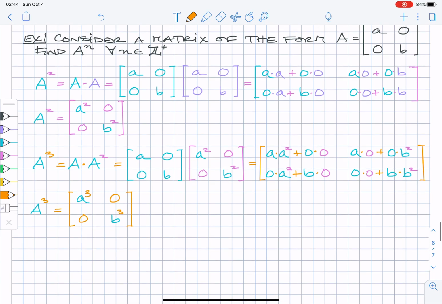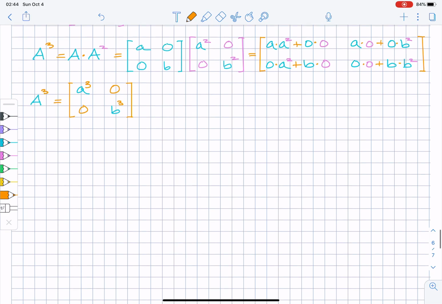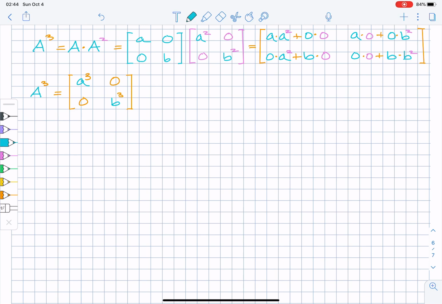So what would A to the n power be for any n? Because this pattern is just going to keep on repeating, A to the n is going to be little a to the n, 0, 0, little b to the n, for all positive integers n.